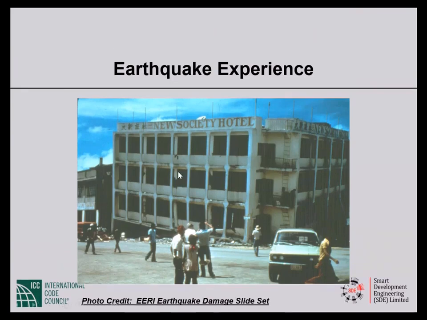So take this building. The left face has shear walls, the back face has shear walls, the front faces do not have any shear walls. So earthquake forces will gravitate to the strong elements, which are the shear walls. So those shear walls at some stage will begin to yield. That goes without saying.